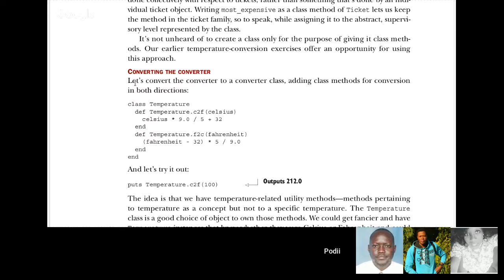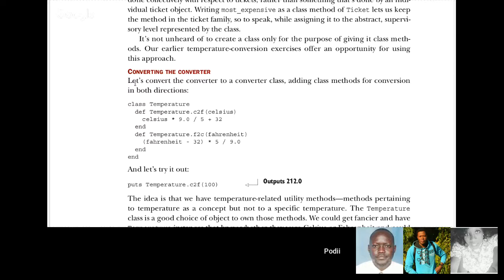Okay, because I remember from the last time I read this, my understanding was that for you to convert a temperature from one unit to the other, you don't really need the temperature to be an instance of Temperature for the conversion to work.